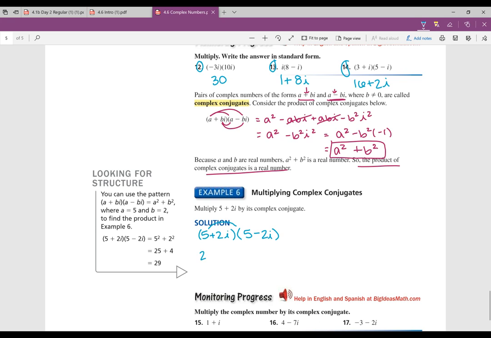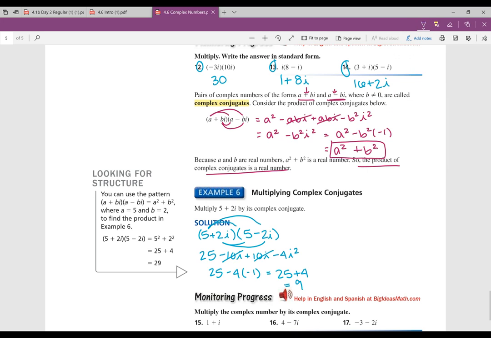So 5 times 5 is 25. 5 times negative 2i is negative 10i. 2i times 5 is plus 10i. And 2i times negative 2i is negative 4i squared. Our negative 10i and 10i cancel. We have 25 minus 4 times negative 1, right? i squared is negative 1. So we get 25 plus 4, which is equal to 29.